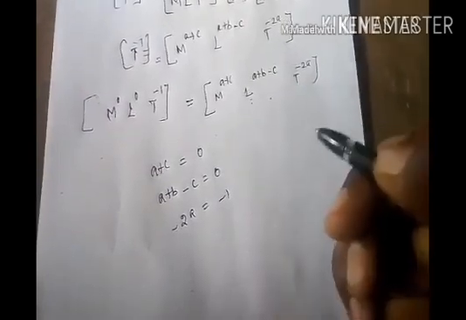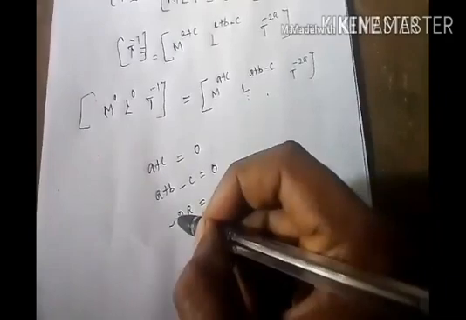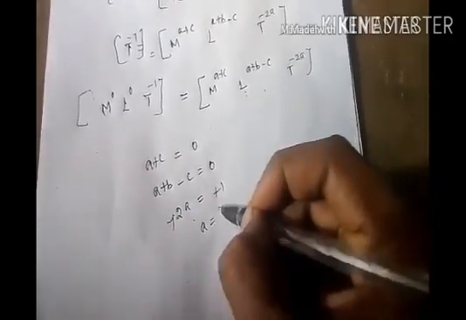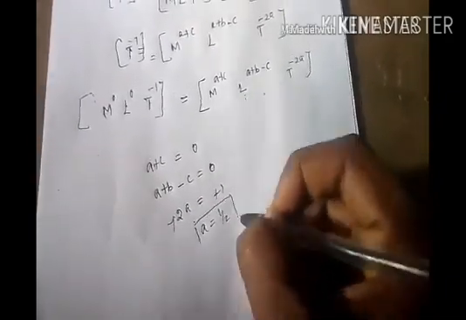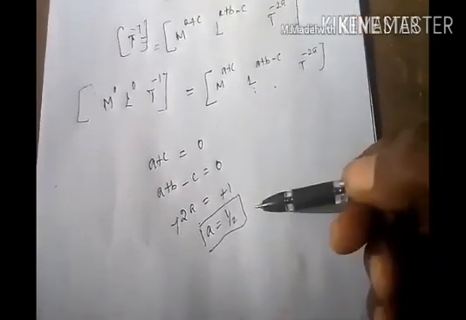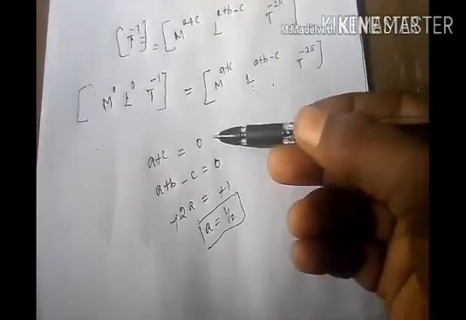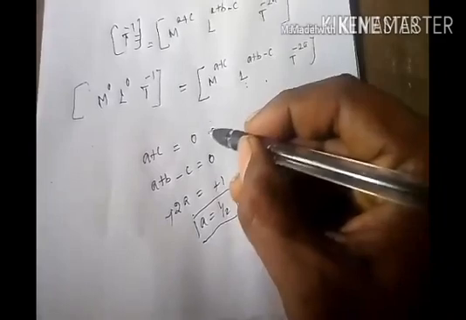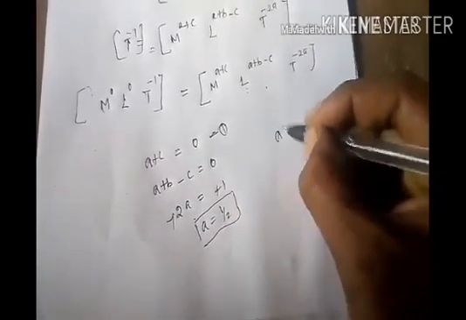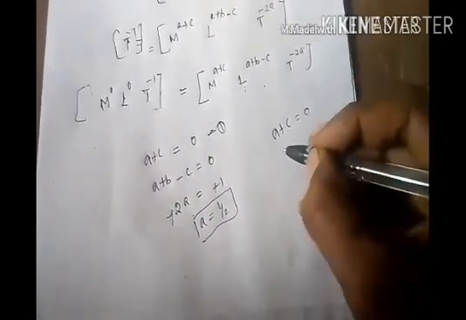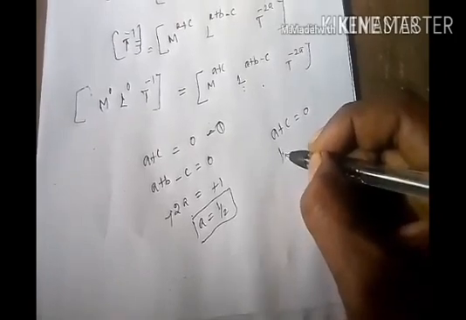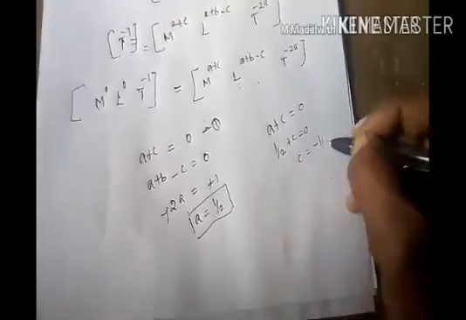First I will find this a value. Minus, minus cancel, so a value is 1 by 2. Now this value is substituted in the first equation: a plus c equals 0. So a value 1 by 2 plus c equals 0, so c value is minus 1 by 2.